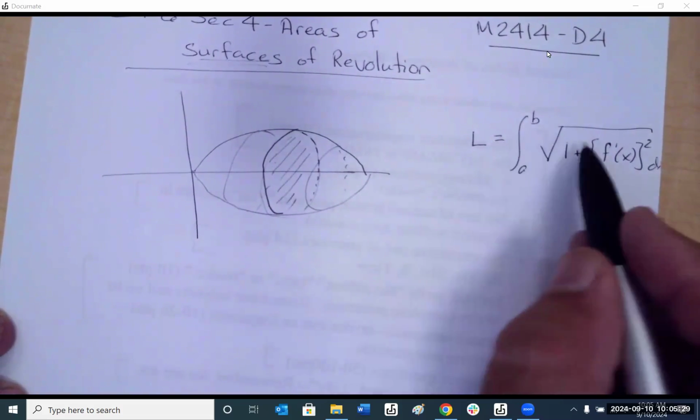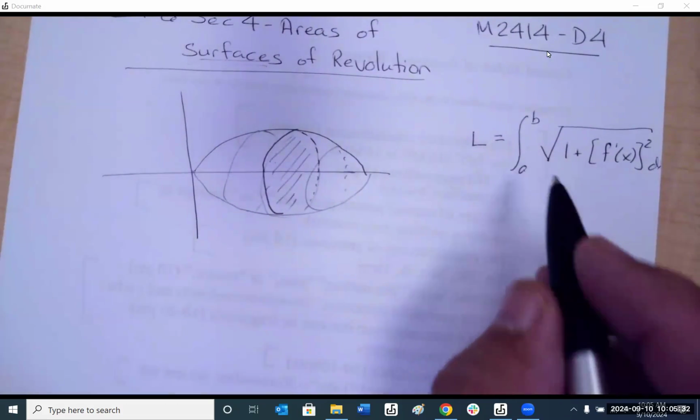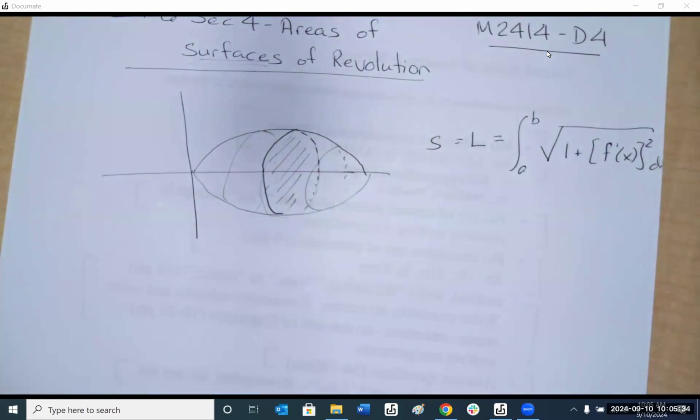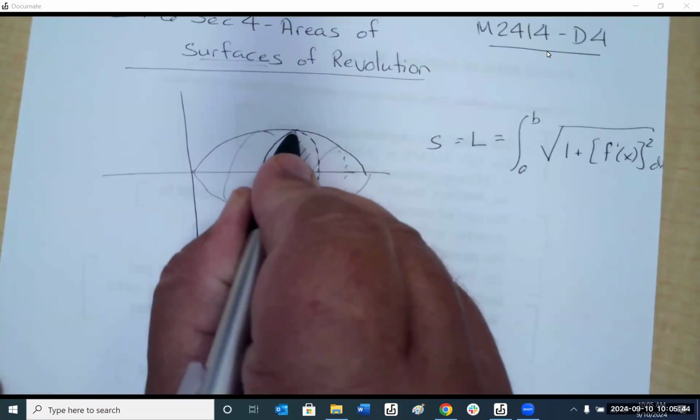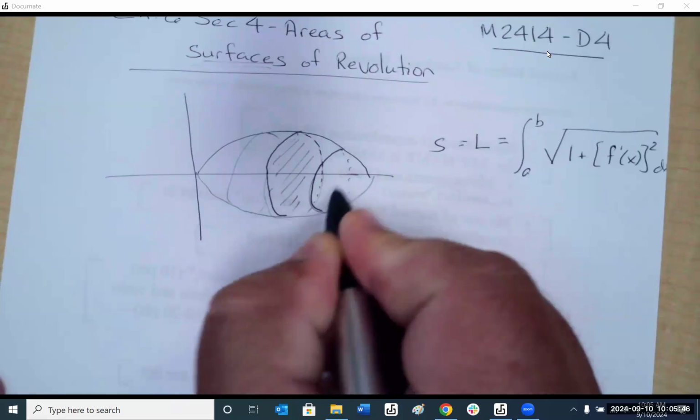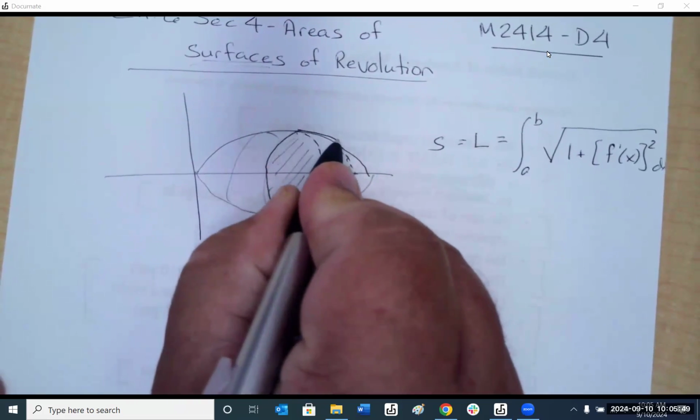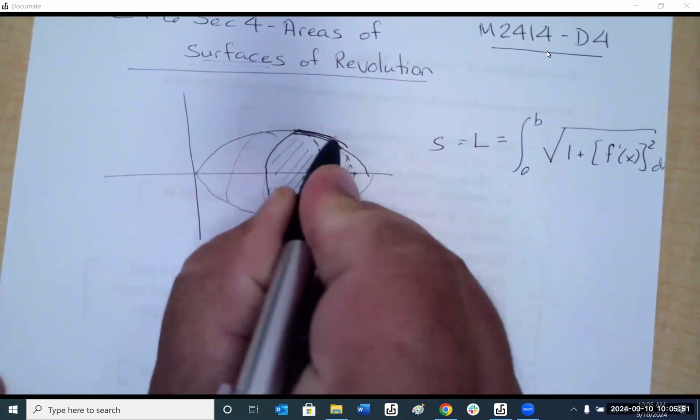We also talked, the last part of the last section dealt with the surface, the arc length. Now, how does that relate to here? Well, what we just did there is we found this arc length right here.